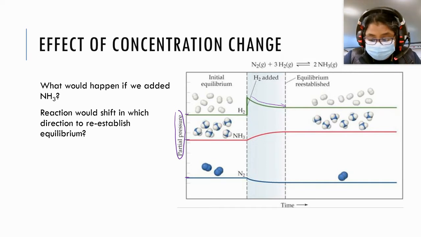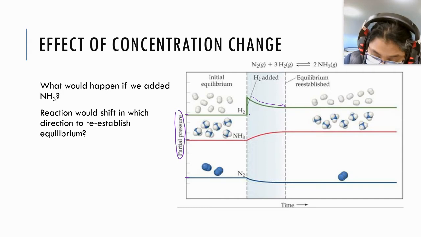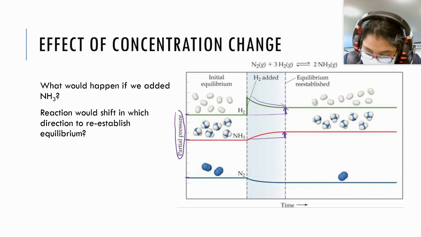But since you did not add more N2, the partial pressure of N2 decreases slightly because you are using up whatever was left of the N2 even more. So N2's partial pressure is lower when equilibrium is reestablished, but H2's partial pressure is slightly higher than before. See where it was before? And NH3's partial pressure is also slightly higher, but N2's is slightly lower.